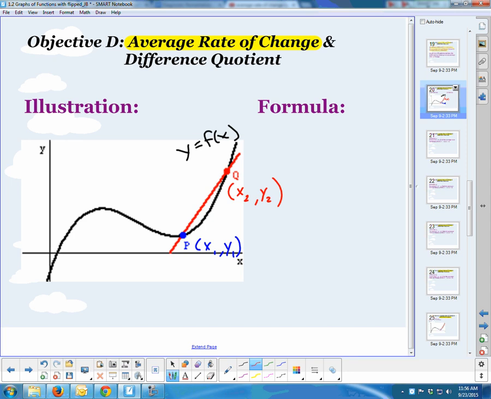And if I connect those points with a straight line, that is called a secant line, a secant meaning intersecting at 2 points. And the average rate of change is going to be the slope of that secant line.